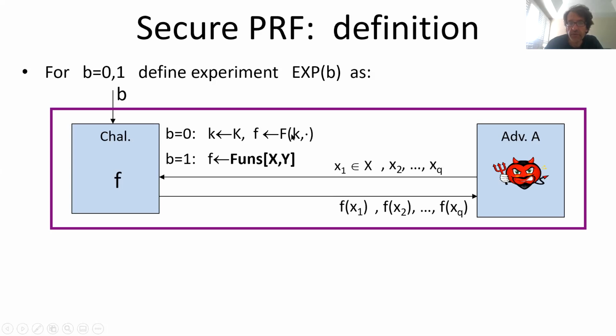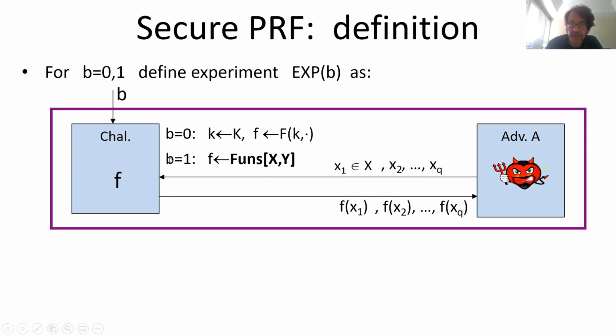And if this function is a PRF, then these values all look like this is f_k on x1, this is f_k on x2, this is f_k on xq. All of them have the same key k. The same key k acts on them. So that's what you see in the real world, which is b equals 0.